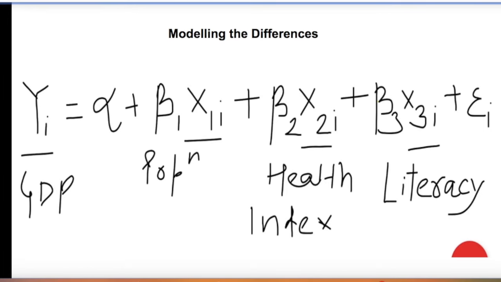So you are keeping very few things in this error, which are possibly unobserved, or something which you couldn't have captured numerically. The idea of a good model is to capture maximum variability with the most important factors in the model.